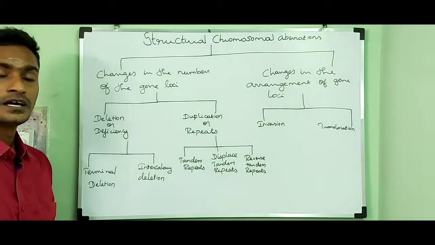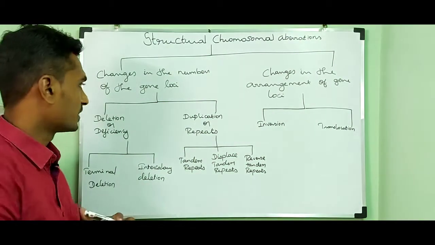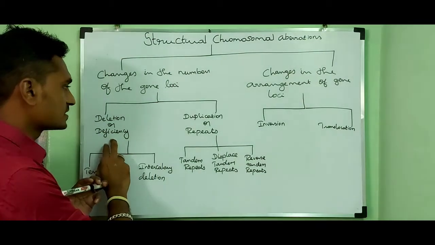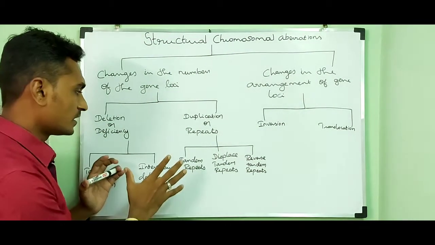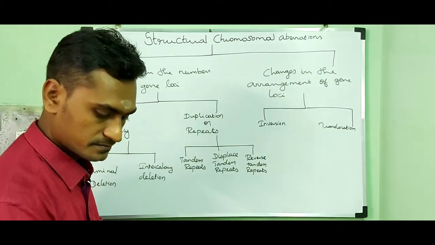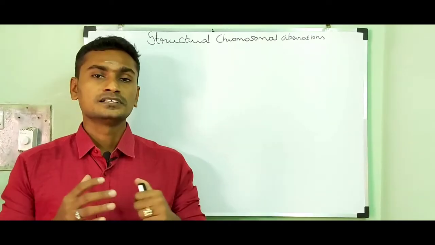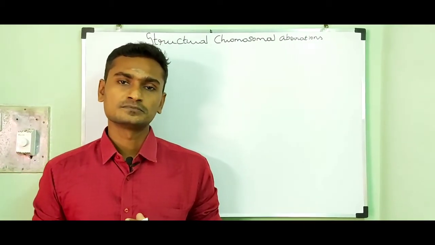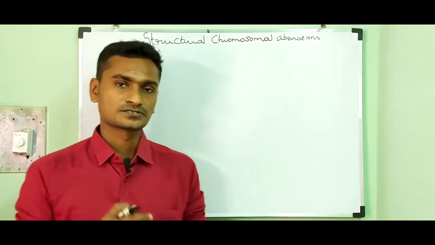First, I am going to explain the changes in the number of gene loci, that is deletion and duplication and their types. So please wait a minute. Let me explain the deletion process or deficiency process which happens in the chromosome.